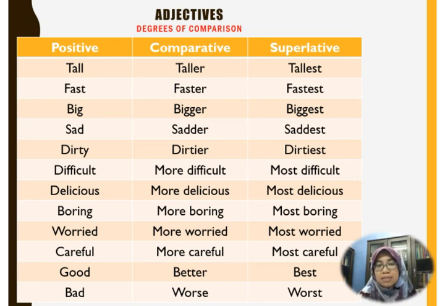For example, difficult, because the word consists of three syllables, so we cannot add -er or -est, but we have to put more and most for superlative. Same goes to the irregular words. We cannot add -er or more or -est or most, but we have to change all the words: good, better, best.